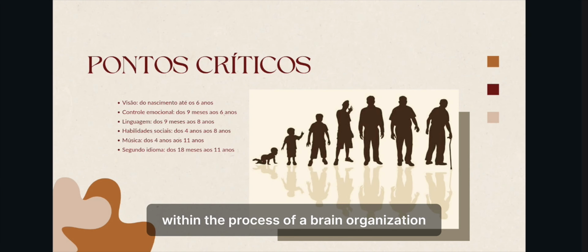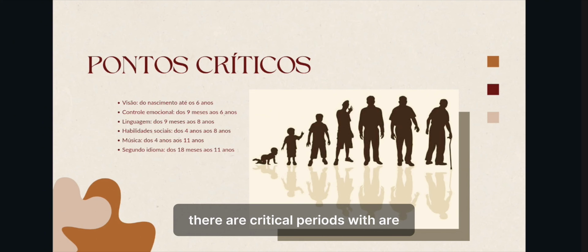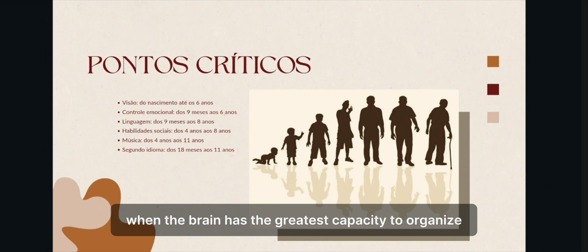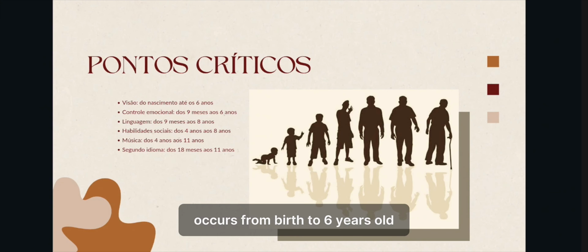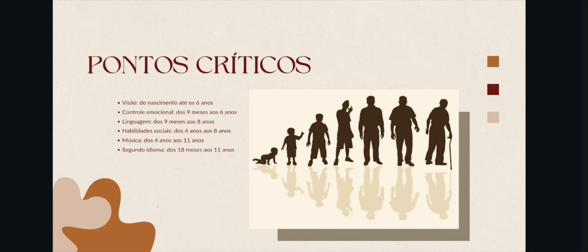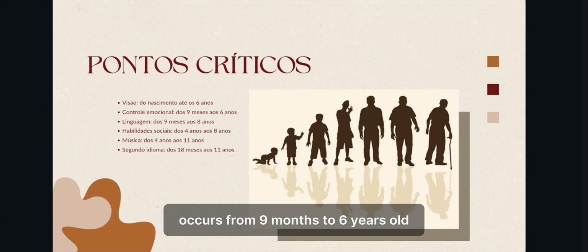Within the process of brain reorganization, there are critical periods, which are the times in life when the brain has the greatest capacity to organize neurons. The main critical periods are: phase of vision, from birth to 6 years old. Phase of emotional control, from 9 months to 6 years old.